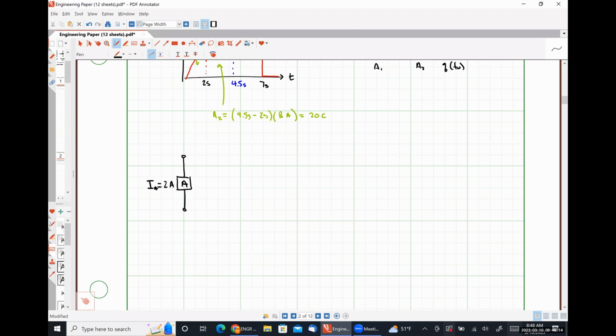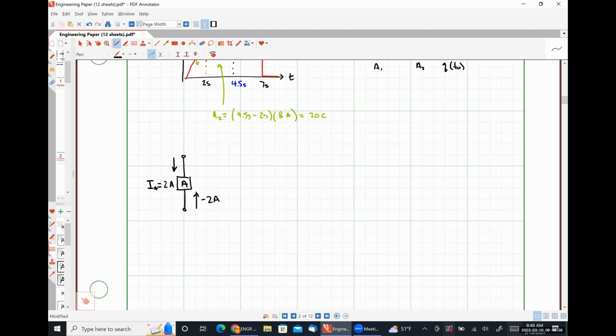So we indicate the direction of a current by simply putting an arrow. So if I have 2 amps down, that is going to be the same thing as negative 2 amps up.